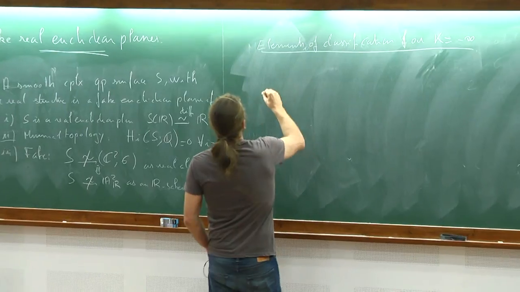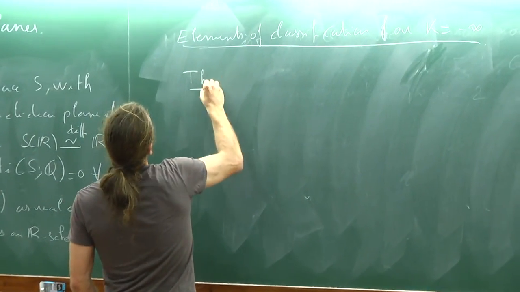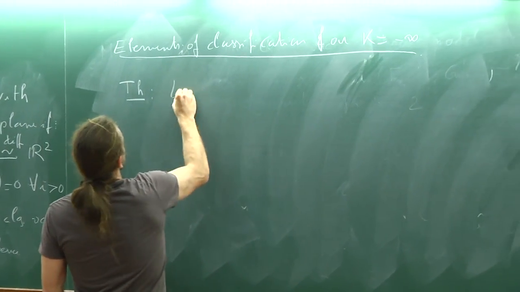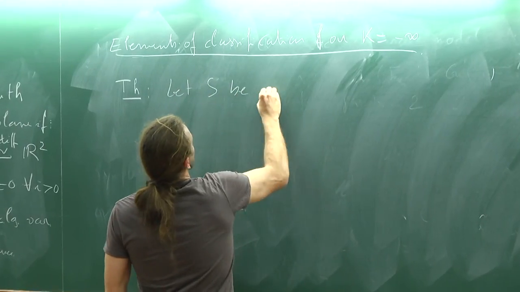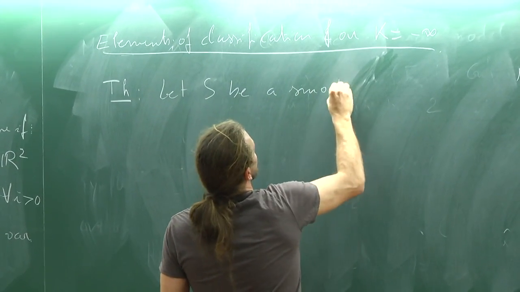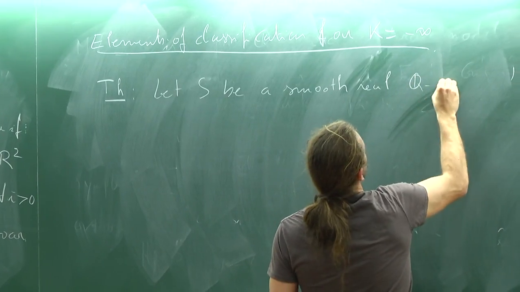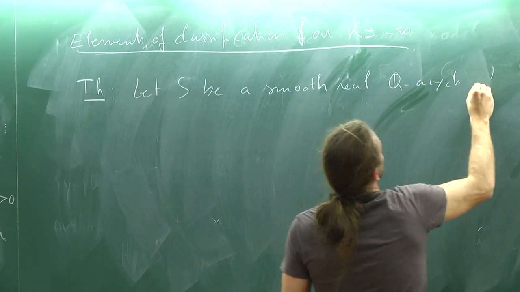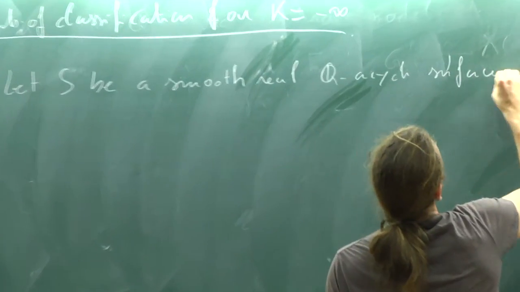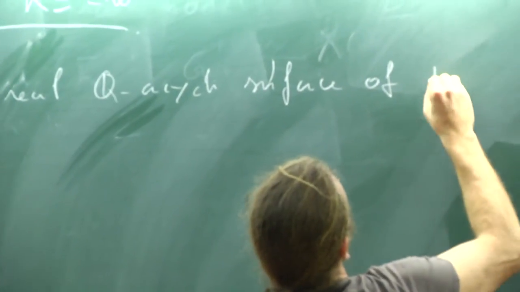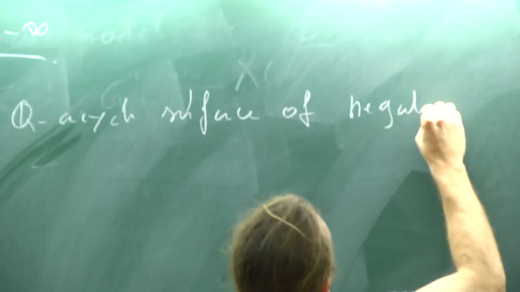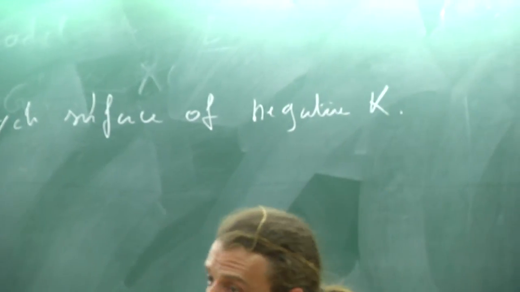So the classification is the following. Let's call it a theorem. Let S be a smooth real Q-acyclic surface of negative Kodaira dimension. Then the structure theorem is the following.